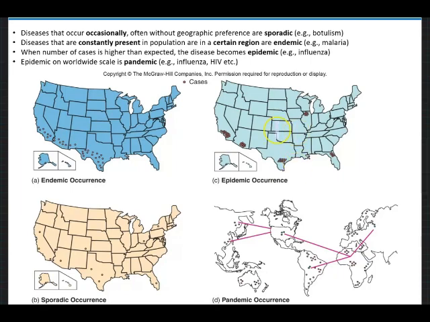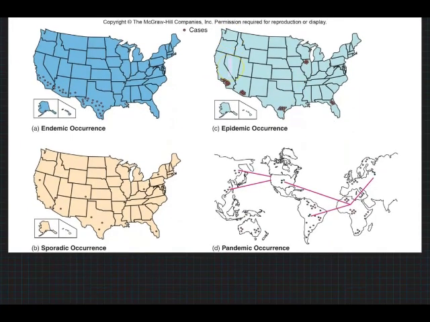So first, we're going to talk about sporadic infections. Sporadic infections have no geographical prevalence. Okay? Really the perfect example would be tetanus. Well, we don't have tetanus, but like botulism. Okay? You can get botulism in New Jersey or in California or in Texas with the same probability.